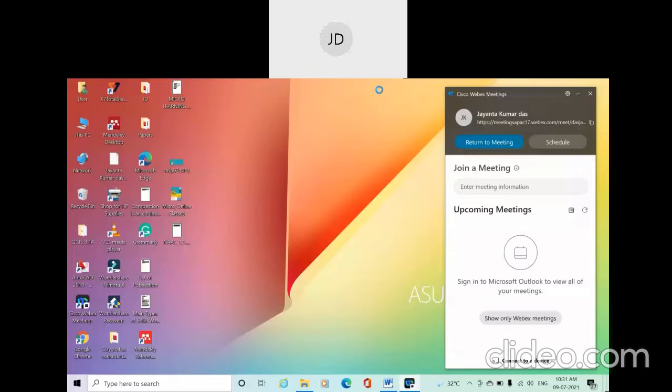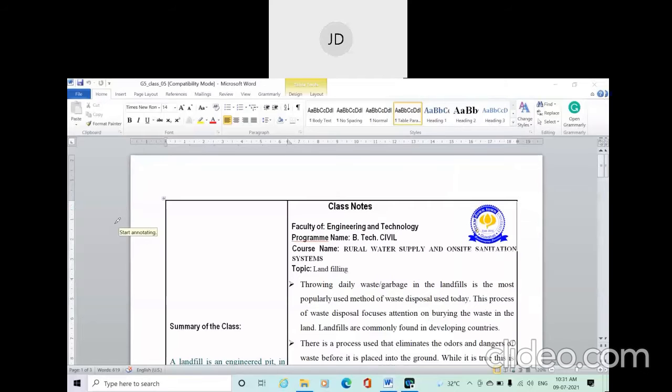When it comes to open disposal, first of all, let me share my screen. Is it visible to you? So there are two ways of waste disposal on the surface.